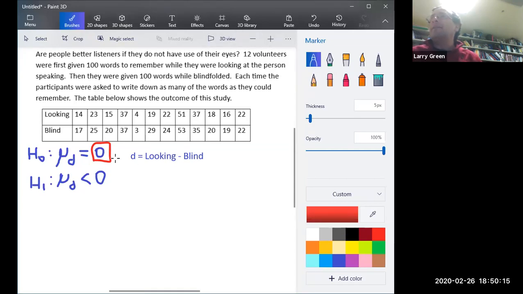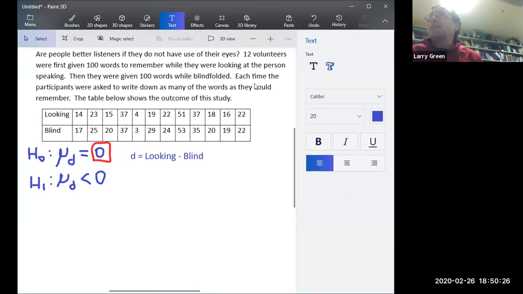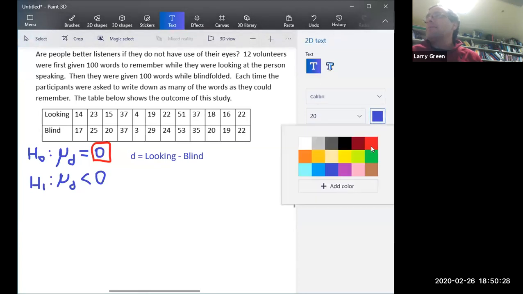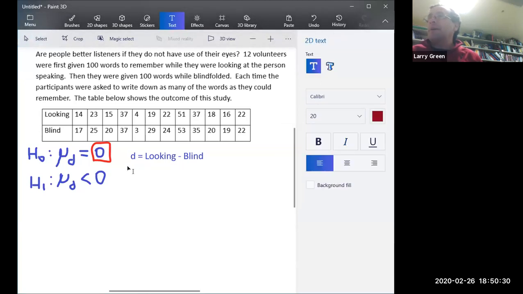Okay, so this is called the dependent sample t-test, or sometimes it's also called paired data. So note, by the way, our p-value was equal to 0.0176.